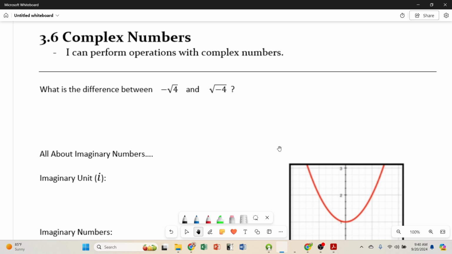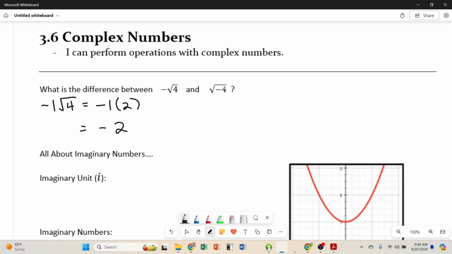So what's the difference between negative square root of 4 and the square root of -4? Well, negative square root of 4 is the same as -1 times the square root of 4. So we can simplify that as -1 times 2. We can solve for the square root of 4 and get 2, and so our answer would be -2.